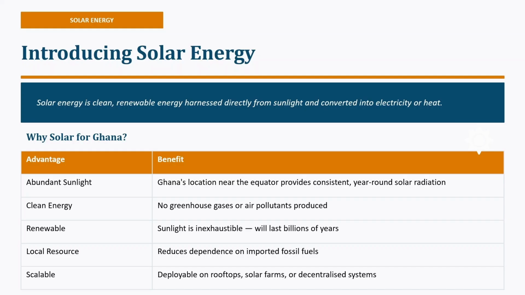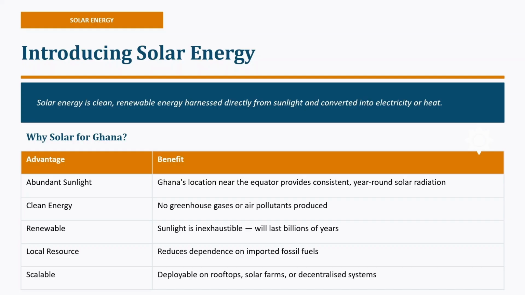And why are we advocating for solar energy for Ghana? Why are we saying that we should gradually transition from using fossil fuels to using solar energy? So, one advantage is that we in Ghana are located at the equator, and at the equator we have abundant sunlight, which is consistent year round.